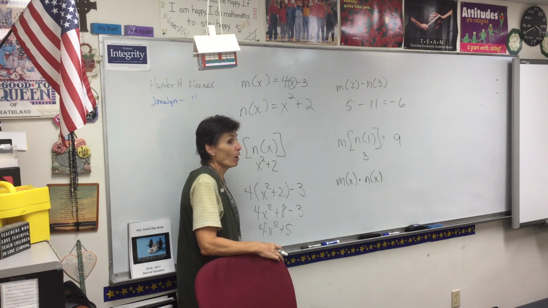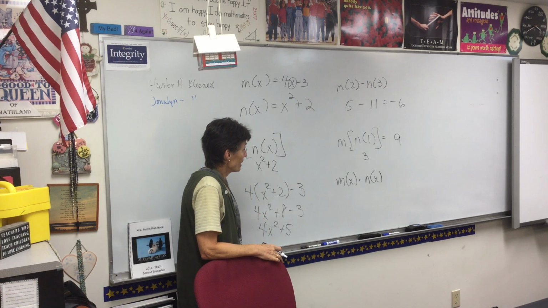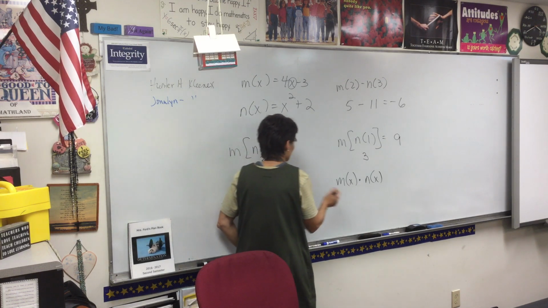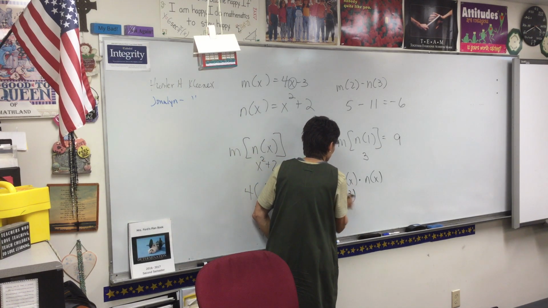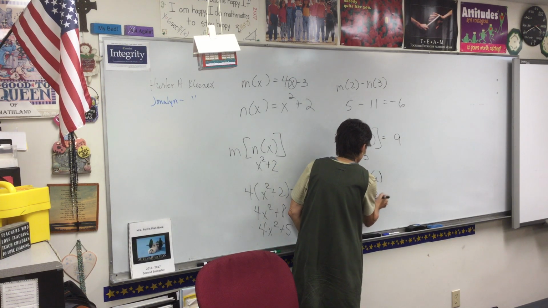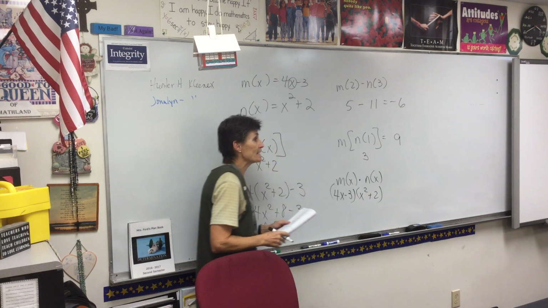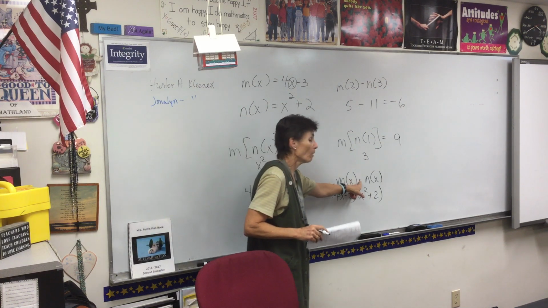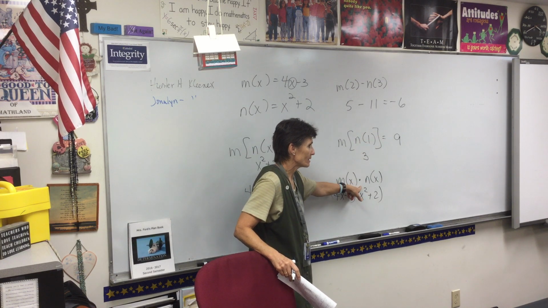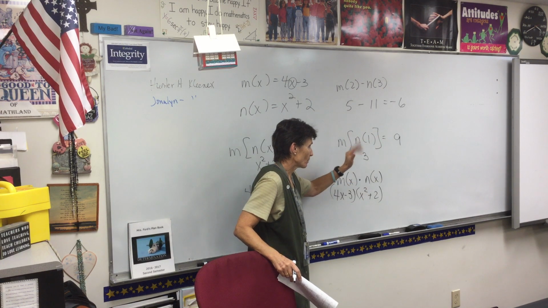D says multiply m of x times n of x. So that's multiply 4x minus 3 times x squared plus 2. We're not plugging anything into anything. We're simply multiplying. The last one I think we subtracted. You can do whatever operation.